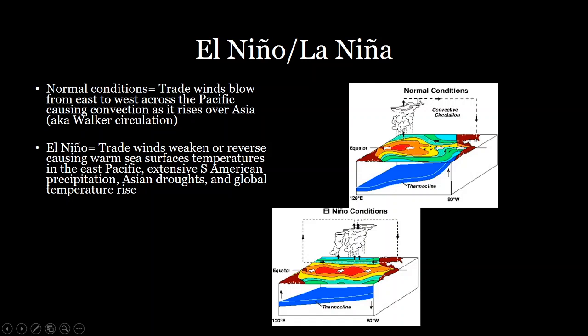So instead of this circulation moving water westward, like here, you have the winds circulating in the opposite direction or just weakened. And so you no longer have that upwelling that we talked about in the previous lecture, and instead that warm water stays in South America and in the Eastern Pacific.